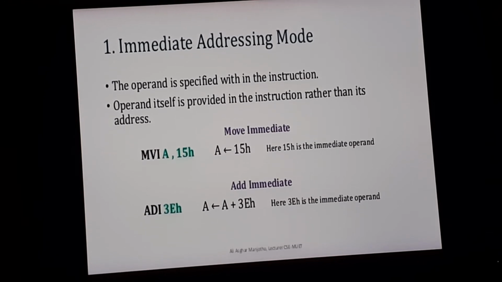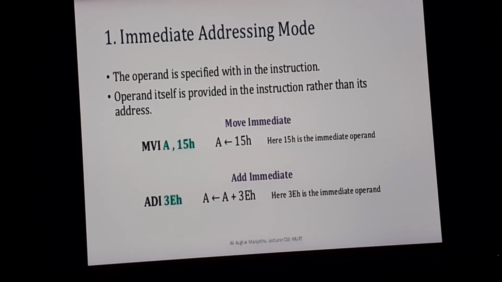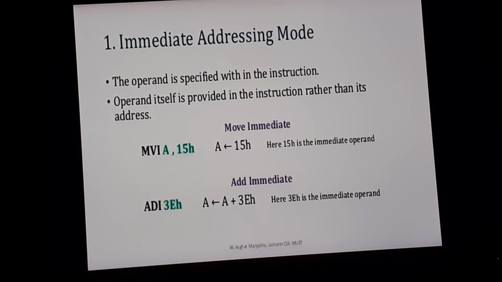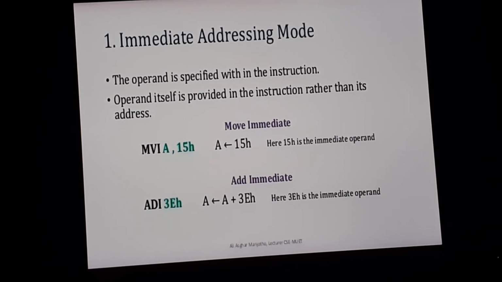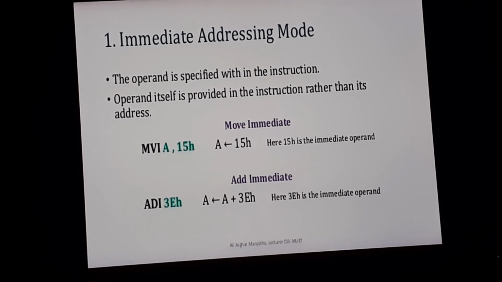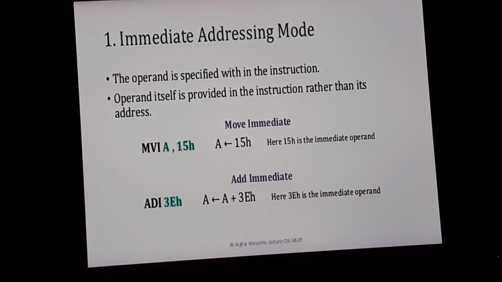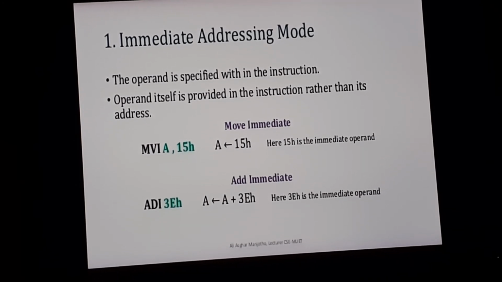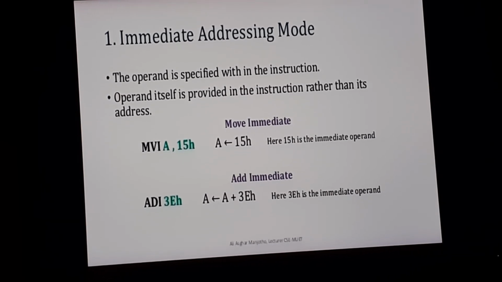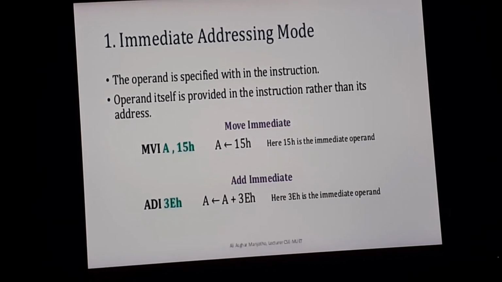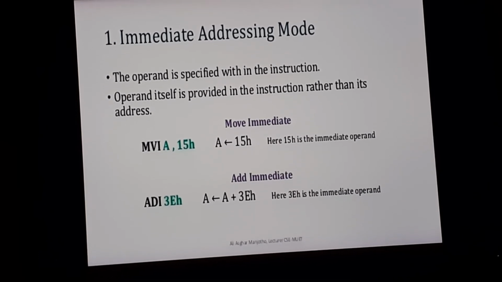The example that I have written here is MVI A, 15H. So what it does, it will transfer the immediate data. Which immediate data? 15H is the immediate data that will be transferred to the accumulator, or register A, you can see. The next instruction I have written is ADI 3EH. H is always there to show a hexadecimal number that we have to give along with each of the data that we write.